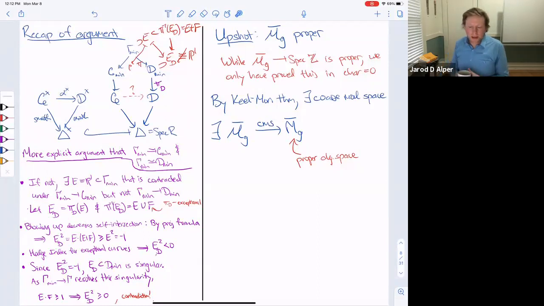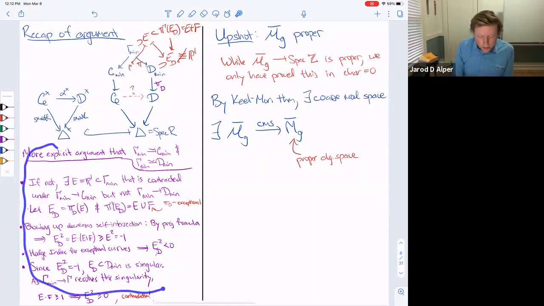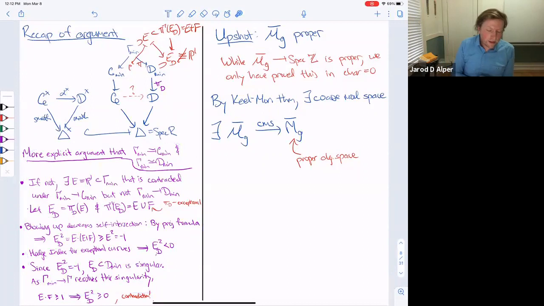Yeah, the next topic is going to be on these contraction, or these gluing and forgetful maps between moduli spaces. I went through this argument pretty quickly, but part of my point is that there are sometimes many ways to make these arguments.